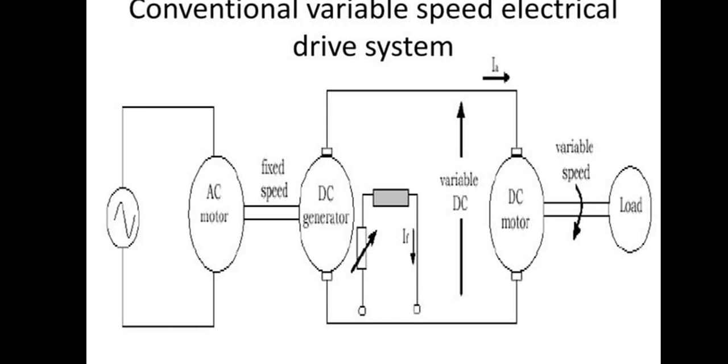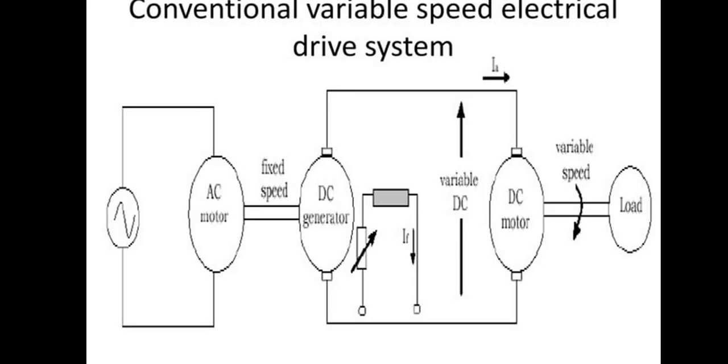Before the development of power electronics, mechanical and electromechanical methods were used for variable speed control. One of the most important classical systems used in speed control is the Ward Leonard control system, which uses both AC and DC machines to achieve variable DC supply for speed control of a DC motor.